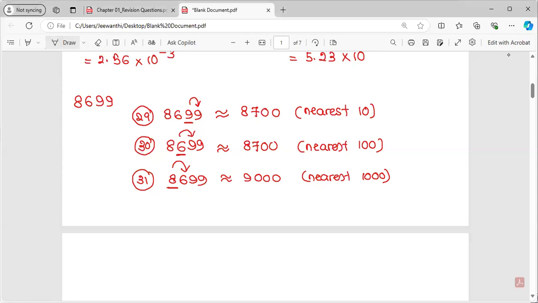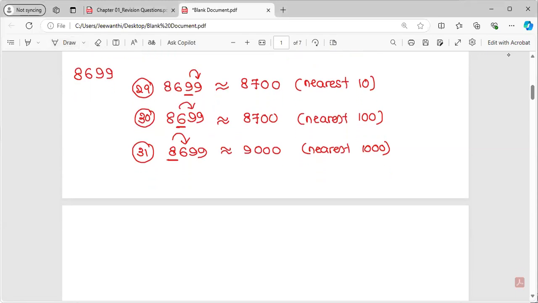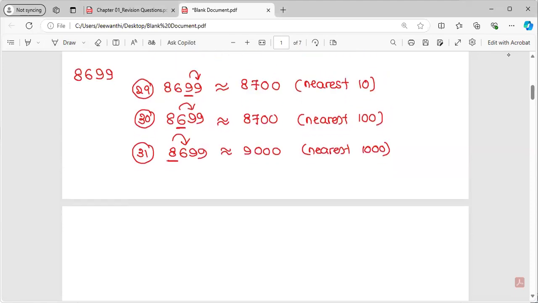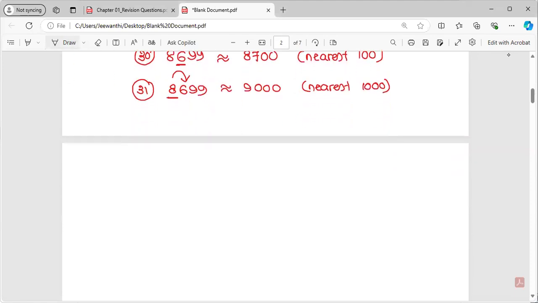Then we will move to question numbers 32, 33, 34. There again you have the same number, 16.987. In question 32, you want to correct to two decimal places.